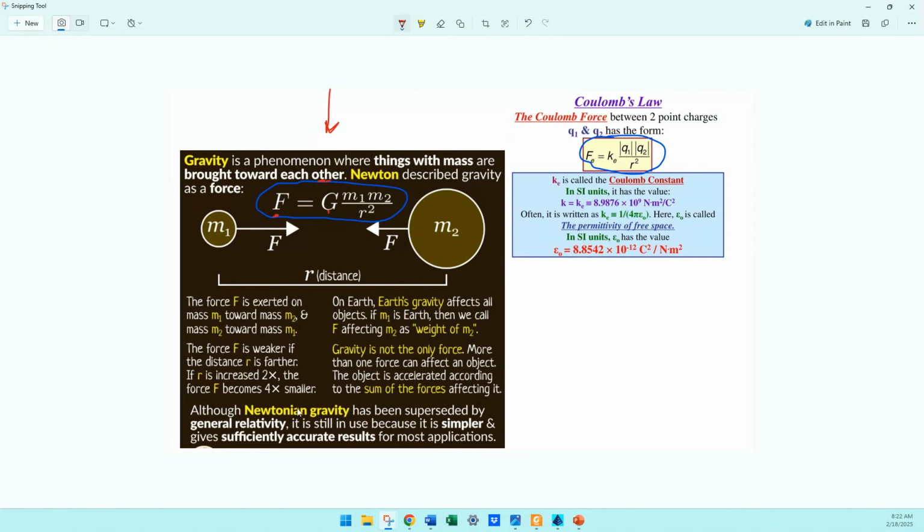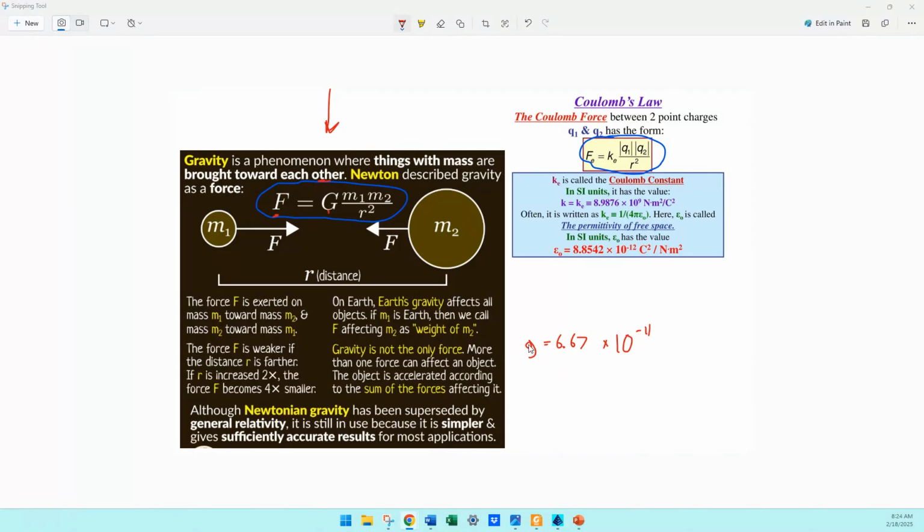Trying to see if they show it here. They do not. It is 1.67 times 10 to the negative 11, if I remember properly. I double checked myself and it wasn't 1.67. Sorry.